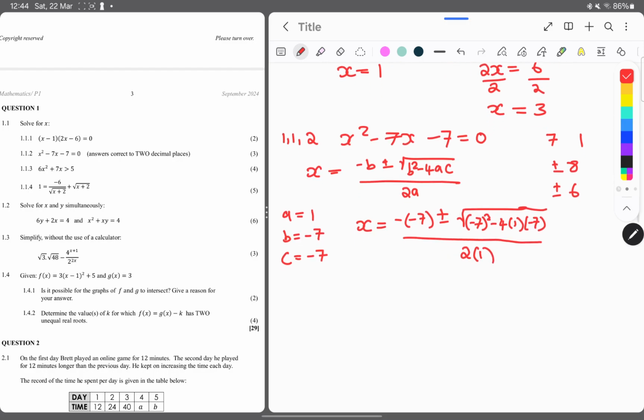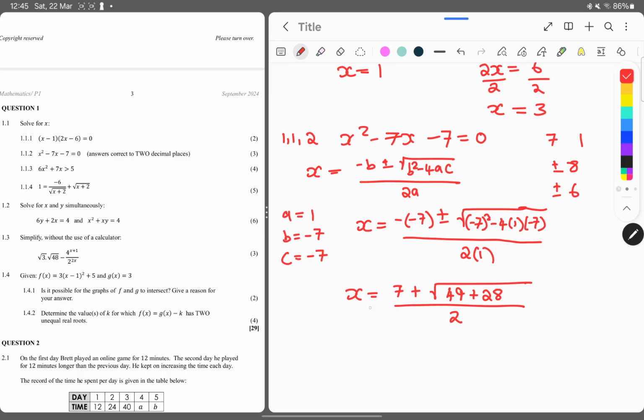And you will get two solutions. One is with the positive sign and one is with the negative sign. What you get is x equals 7 plus the square root of 7 squared, which is 49, minus 4 times minus 7, which is plus 28, then divided by 2.